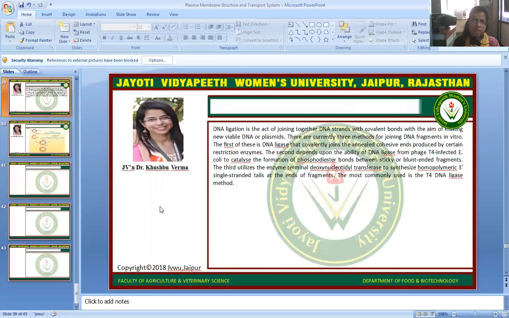The second depends upon the ability of DNA ligase from phage T4 infected E. coli to catalyze the formation of phosphodiester bonds between sticky or blunt end fragments. The third utilizes the enzyme terminal deoxynucleotidyl transferase to synthesize homopolymeric 3' single stranded tails at the ends of the fragments. The most commonly used is the T4 DNA ligase method.